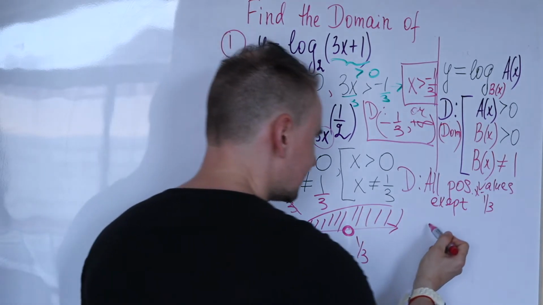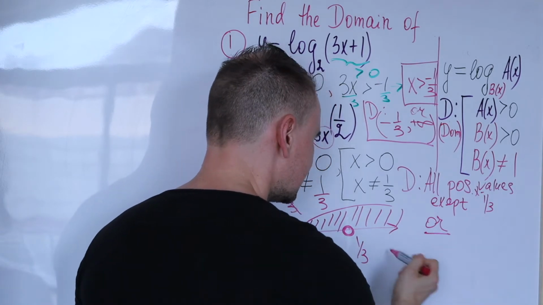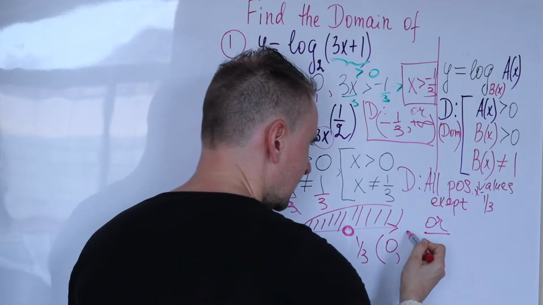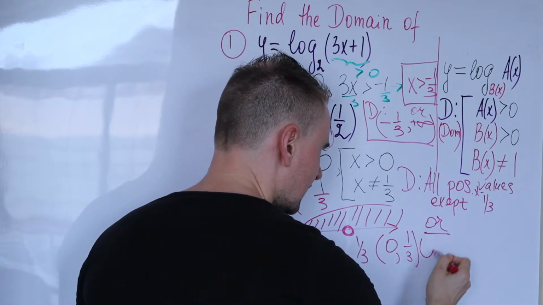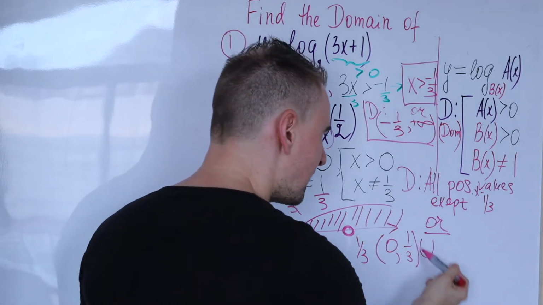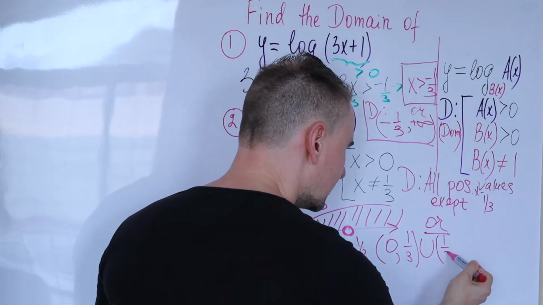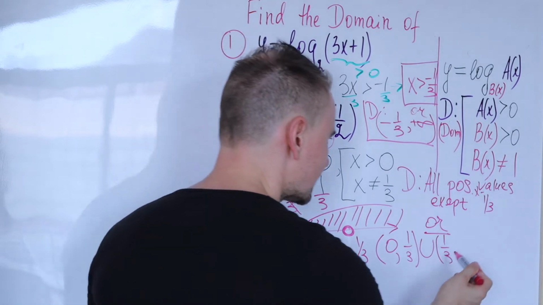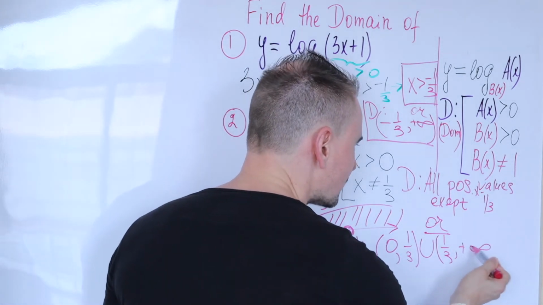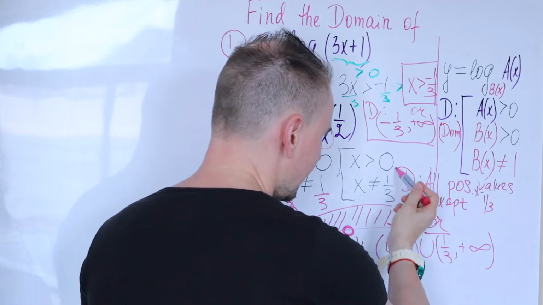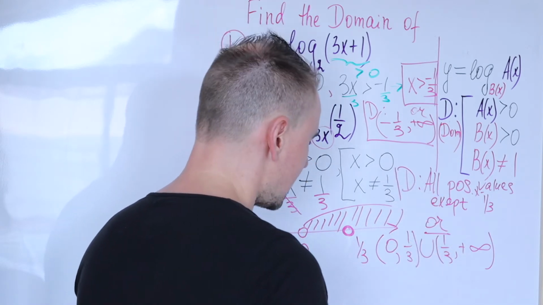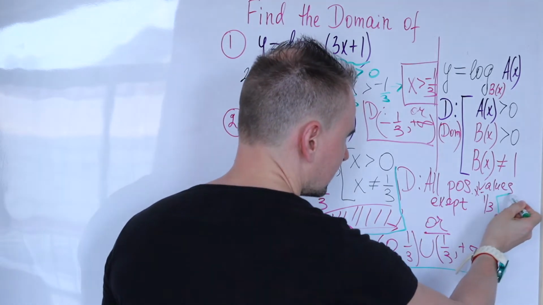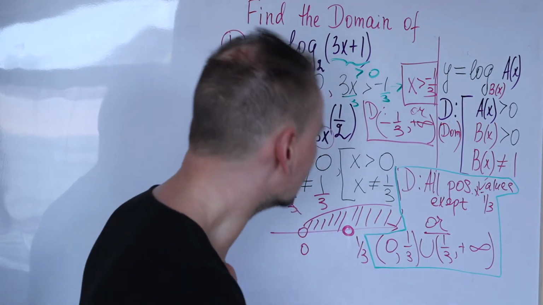If you need to write it using the interval notation, it's the same thing as going from 0 till a third, combined with a third, not including a third, notice, in both cases, all the way up to positive infinity. And that's your final answer for the domain for that problem.